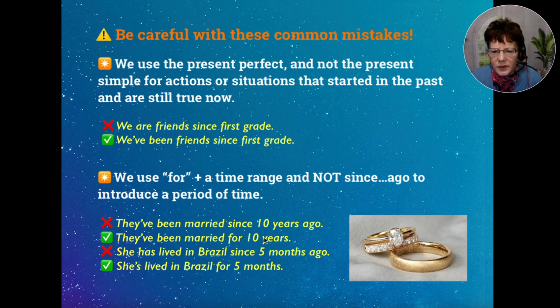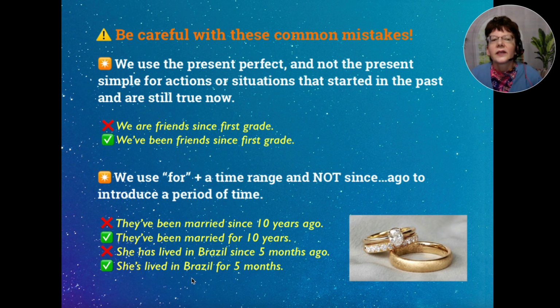Same type of mistake. We're not using since and ago, but it should be she's lived in Brazil for 5 months. So yes, just expressing how long, not when this time period started.